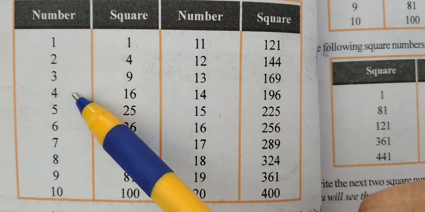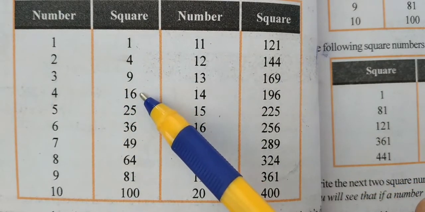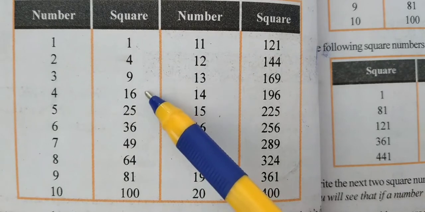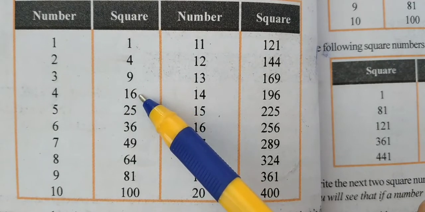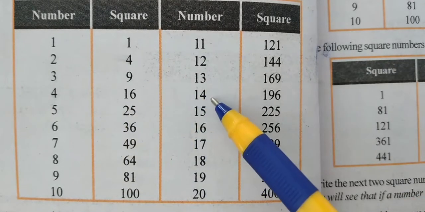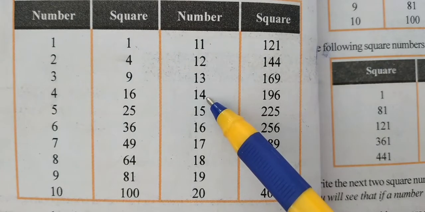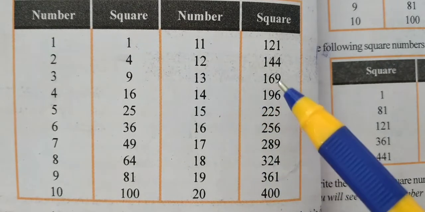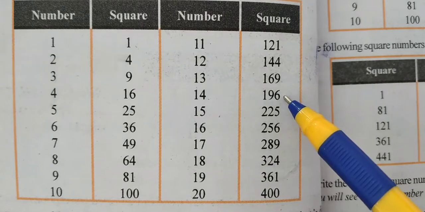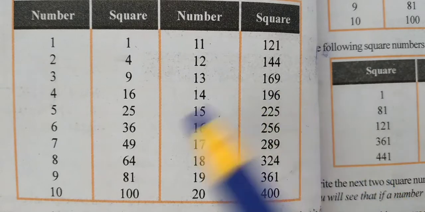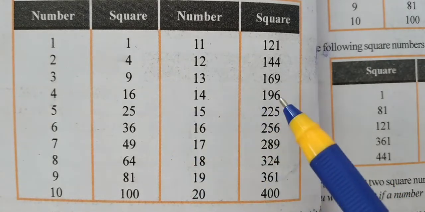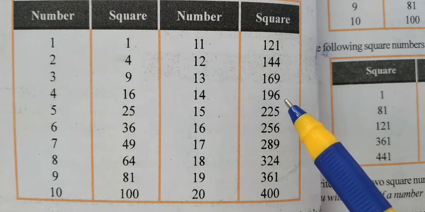Understood? 4, squaring 4 we get 16, and 6 is at units place. So in 14 you can see 4 is at units place, so in its square we will be having 6 in its units place. So here also 6 and here also 6.